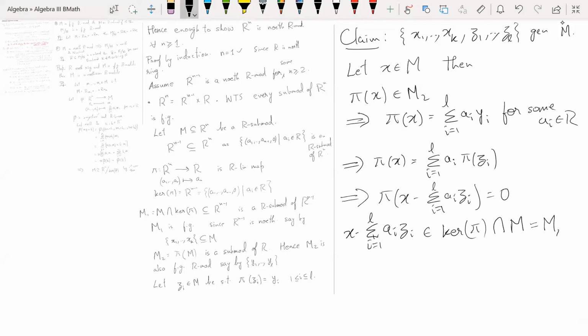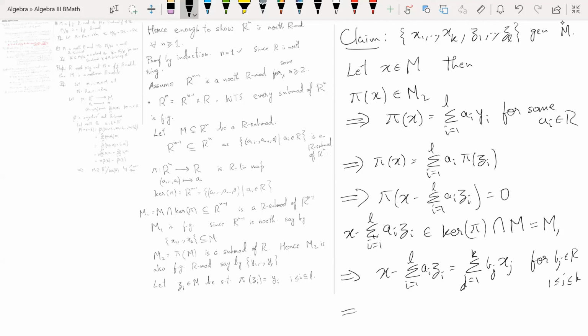So this implies x minus the summation i equals 1 to l of ai zi, we can write it as the summation of bj xj, j equals 1 to k, because the xj generate M1, for some bj in R, j between 1 and k.